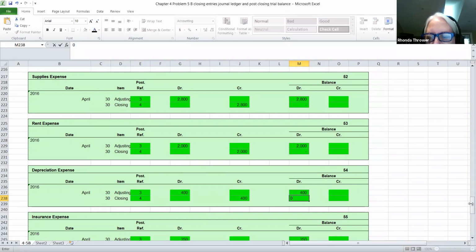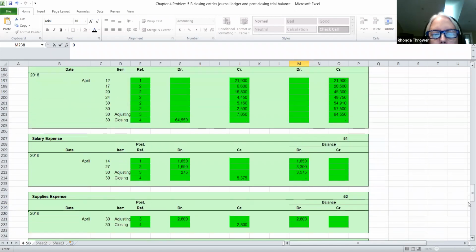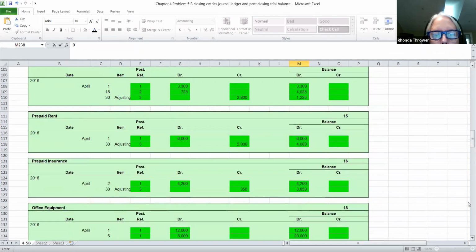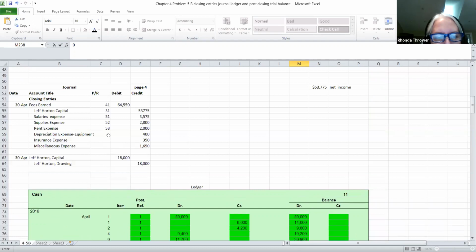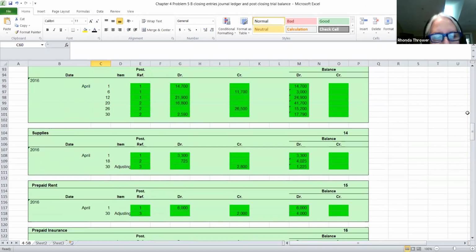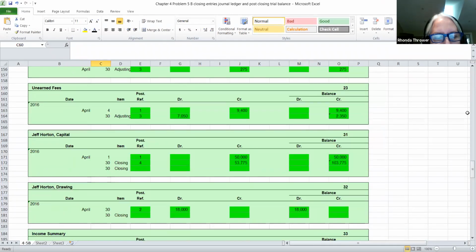I'm going to pick up 5-4. And then I'm going to move to my insurance expense account. And I'm going to close it out.